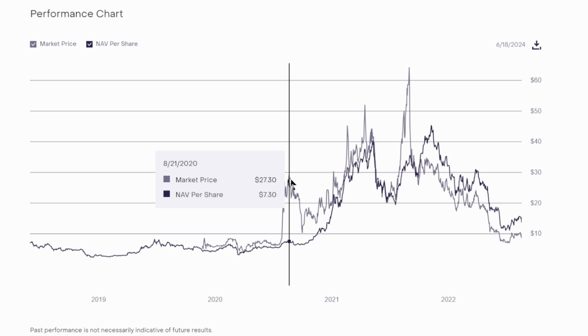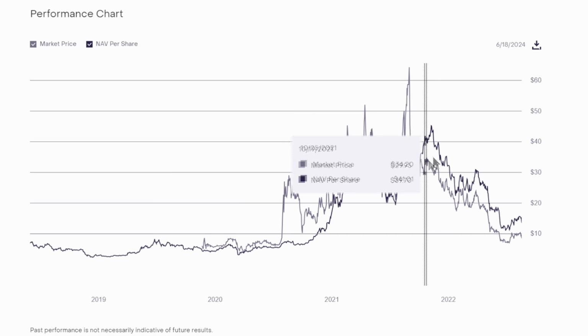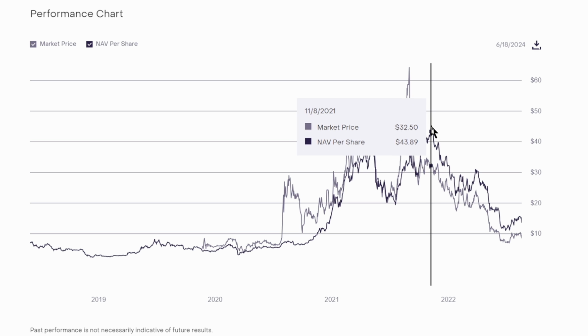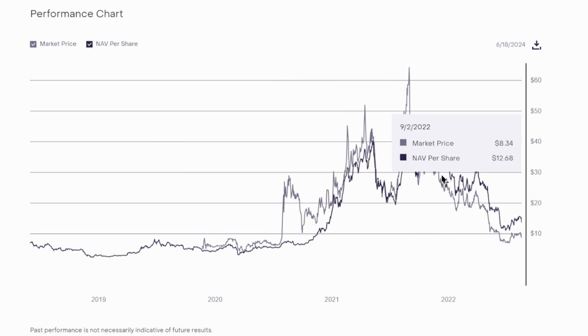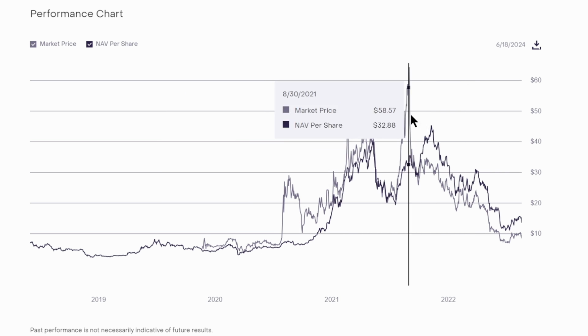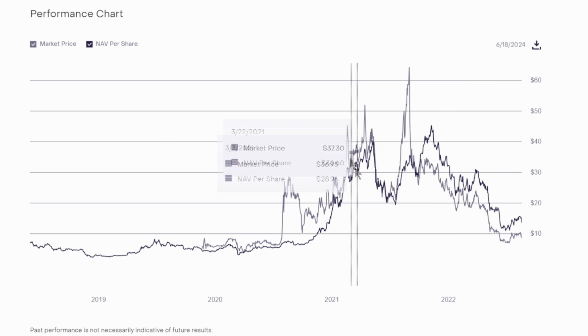You see, market price was 27, the net asset value was 7. But then that flipped around 2021 when the market price was $32, but the Bitcoins in the box were worth $45. And that discrepancy is based on a lot of things, but because you couldn't get those Bitcoins out of the box like you can with an ETF.